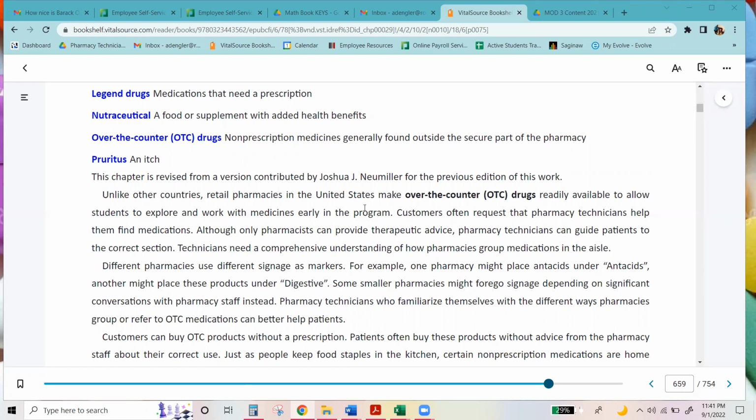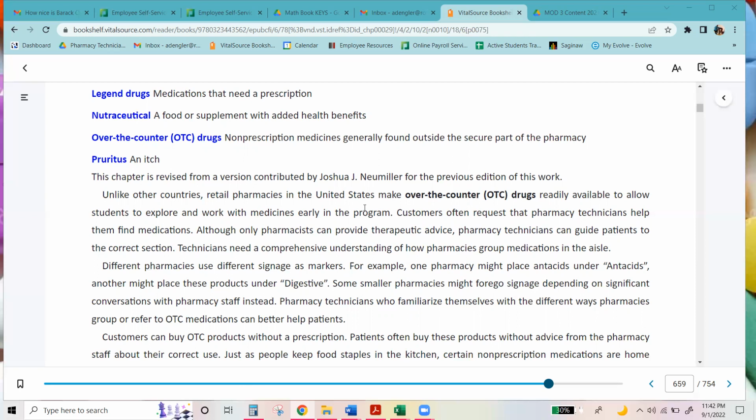This paragraph basically talks about, as pharmacy technicians, our main job is going to be maybe showing them where the products are. They might come up to the pharmacy counter and ask where something is. You're going to just quickly go out and show them.